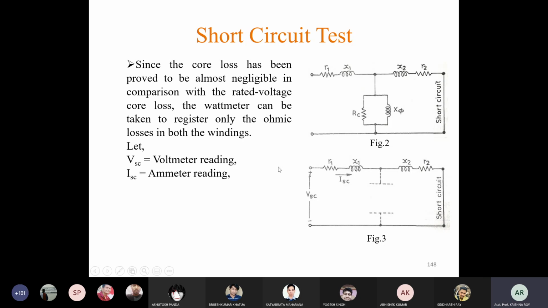ISC is the short circuit current, which is the rated current in the secondary, the high voltage side, and PSC, the wattmeter reading, is the copper loss at rated current. Okay, so these are the three readings.